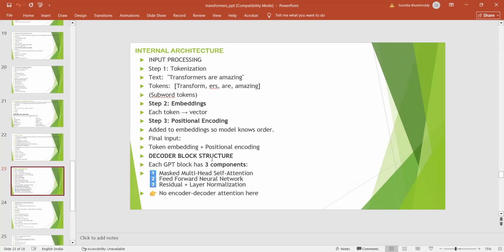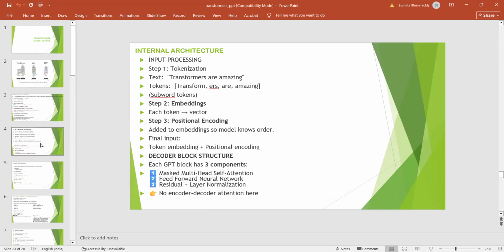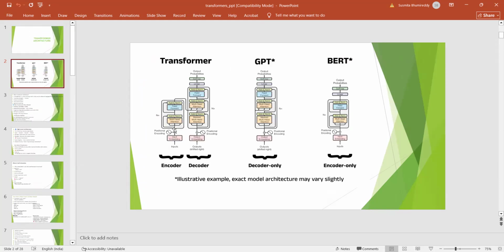And how it works: same as in the encoder, it will take the input, tokenize it, create the embeddings, and add the positional encoding also. In the encoder we have only two parts: multi-head attention and feed forward network.